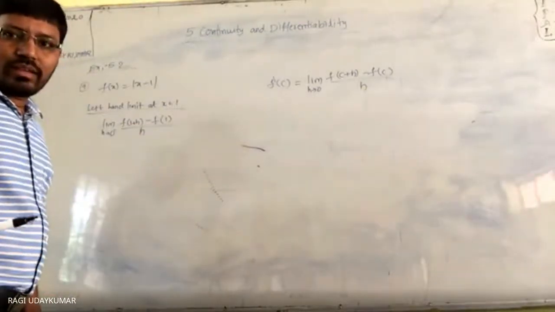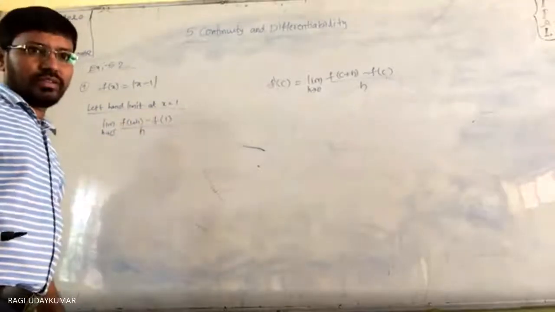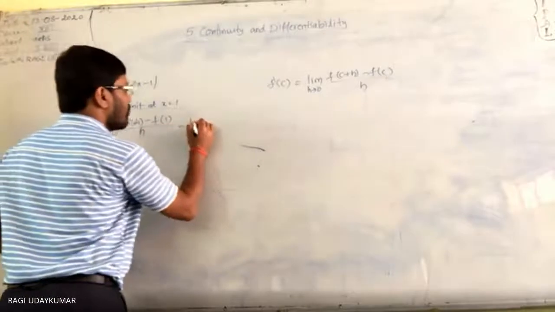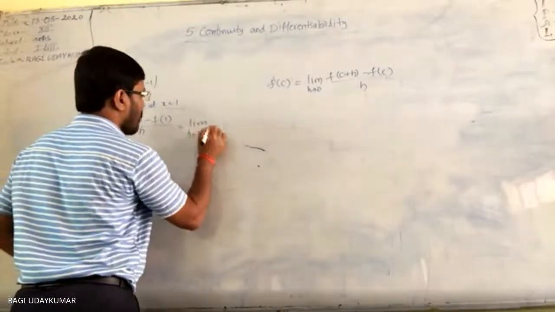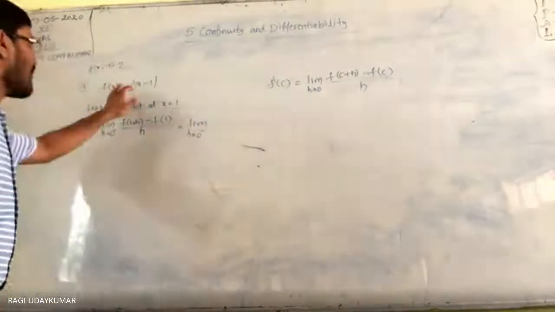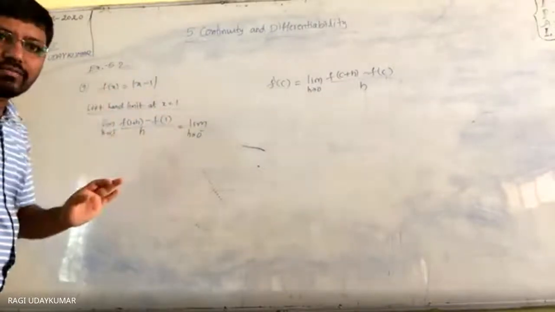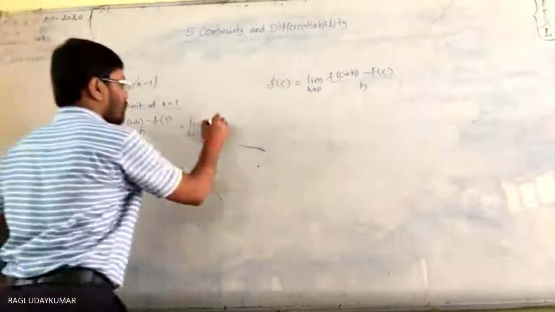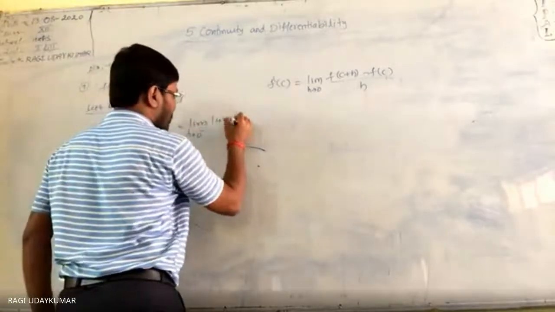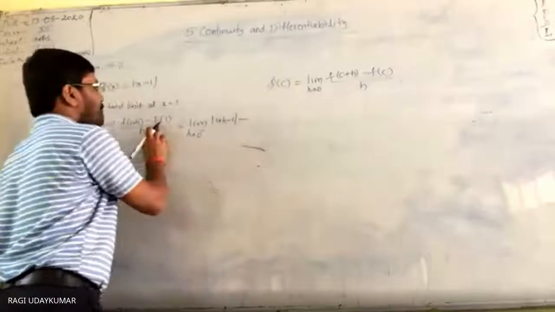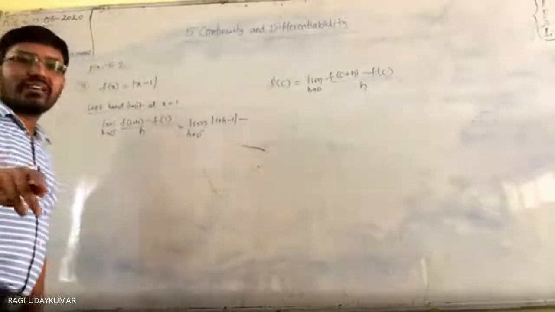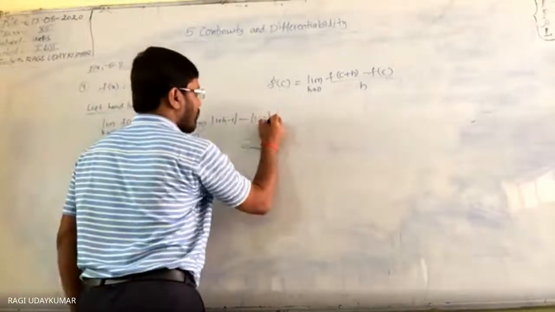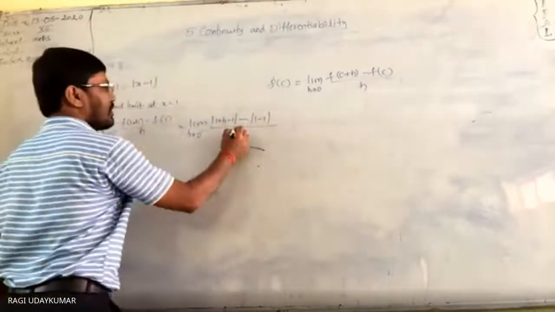f of 1 plus h is, as per the definition, modulus of 1 plus h minus 1, minus f of 1, which is modulus of 1 minus 1, all by h.